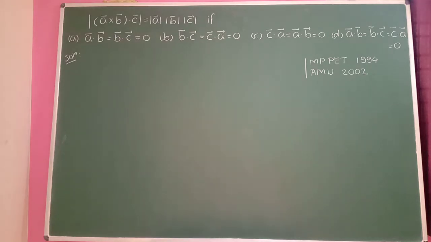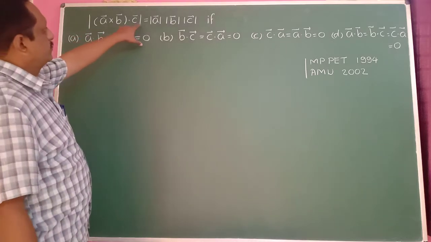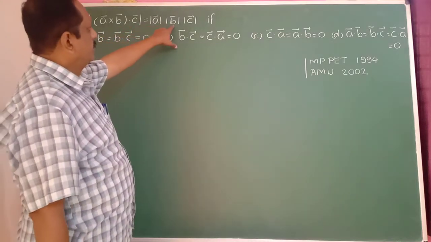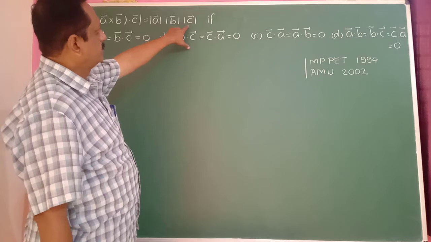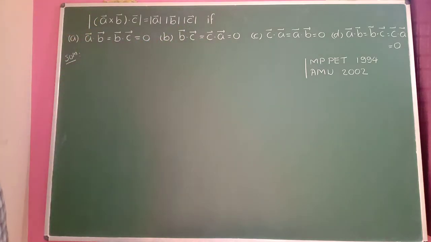So modulus of (A bar cross B bar) dot C bar is equal to modulus of A bar into modulus of B bar into modulus of C bar. If 4 options are there, then which option is correct here?